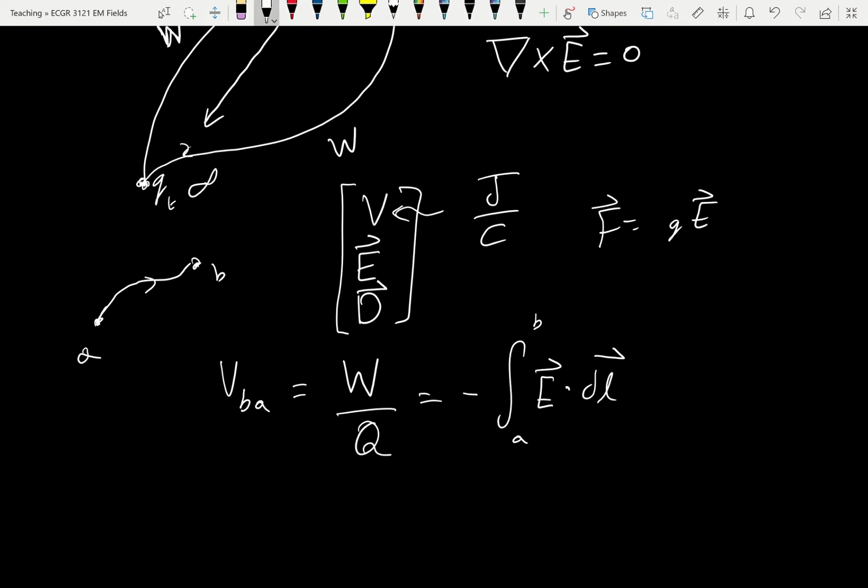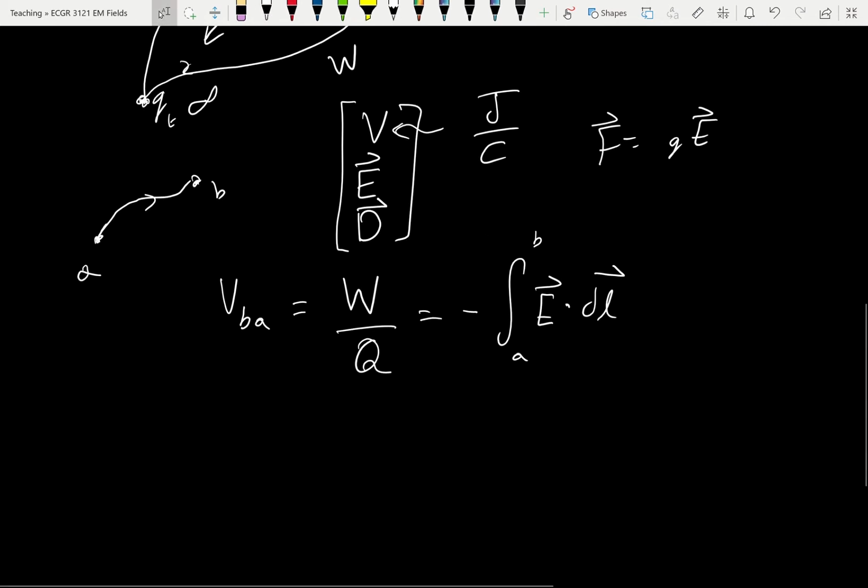This is the typical formula of the voltage. And then this can be written as VB minus VA, just the difference in the scalar field between points B and A.